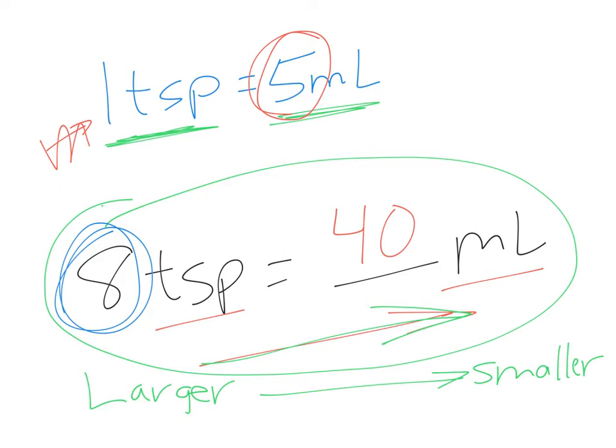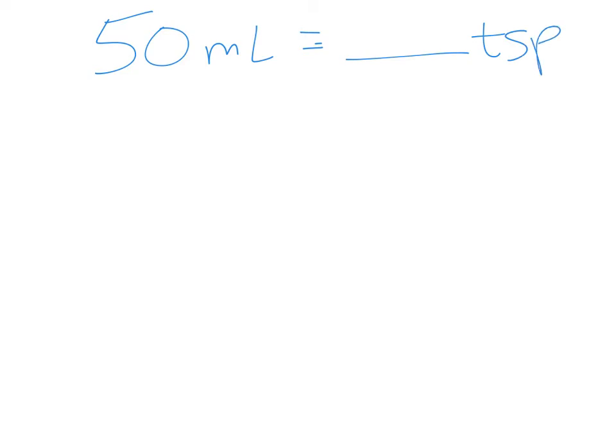Whereas if I had the opposite of that question, let's say I have 50 milliliters, and I want to know what that is in teaspoons. In this question, I'm using the same known, because in my equivalence chart, the one that has just teaspoons and milliliters says that 1 teaspoon is equal to 5 milliliters.